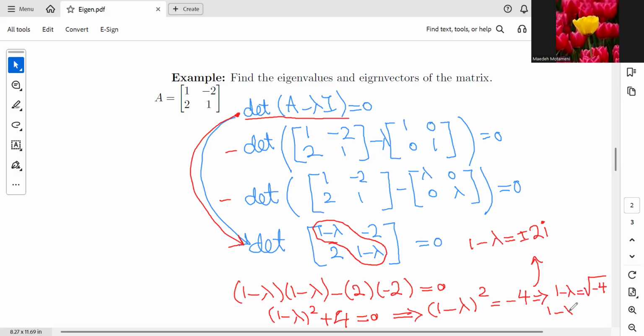So 1 minus lambda would be square root of negative 1 times the square root of 4, and the square root of 4 is plus or minus 2. And square root of negative 1 would be i. And from here, lambda would be 1 plus or minus 2i.